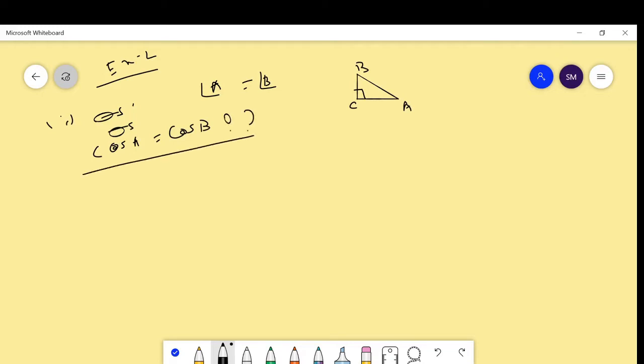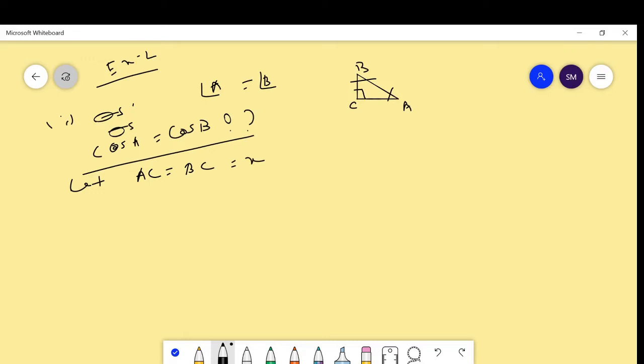We have to show whether cos A is equal to cos B is true or not. Here angle A is equal to angle B. This means AC is equal to BC. Let AC equal BC equal x.